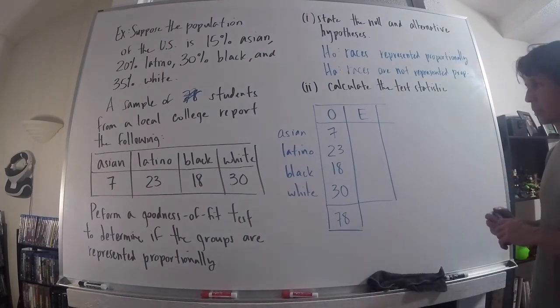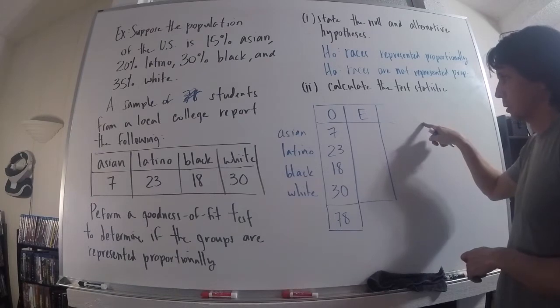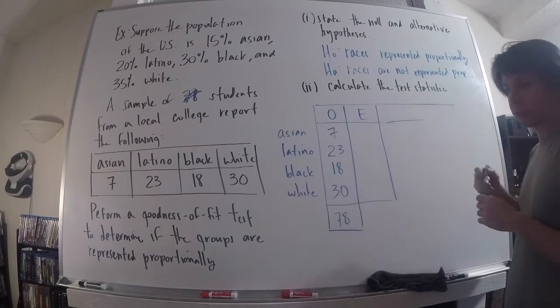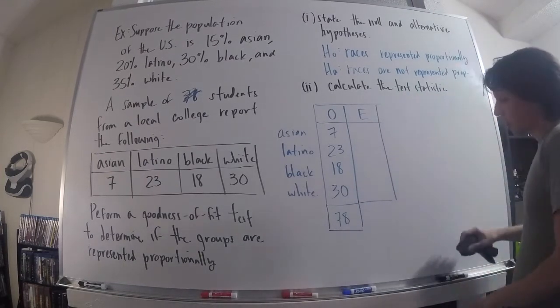E's are expected. I'm going to write some notes here, then I got to erase it because I got to make some room to build the rest of the table. But the E's require a computation.